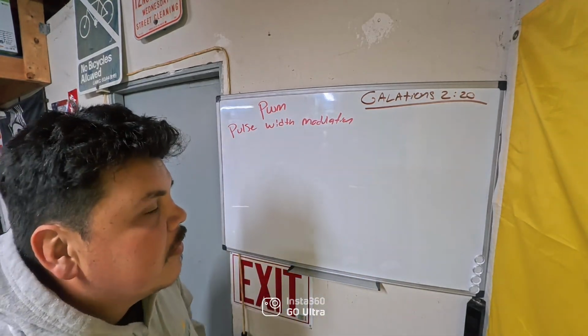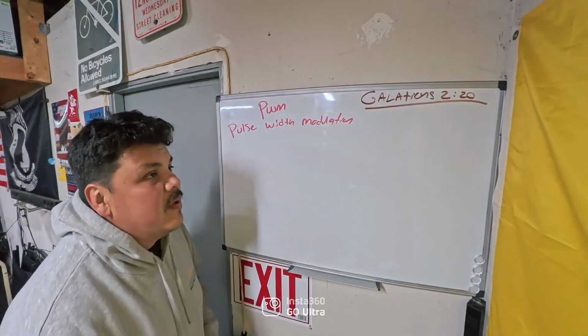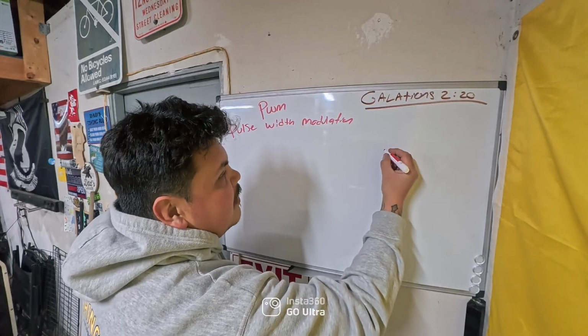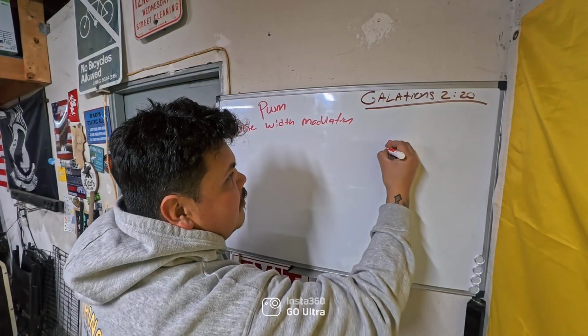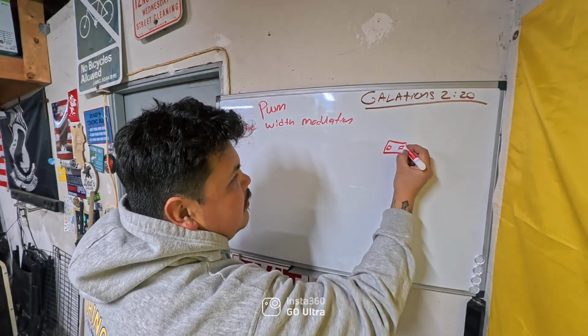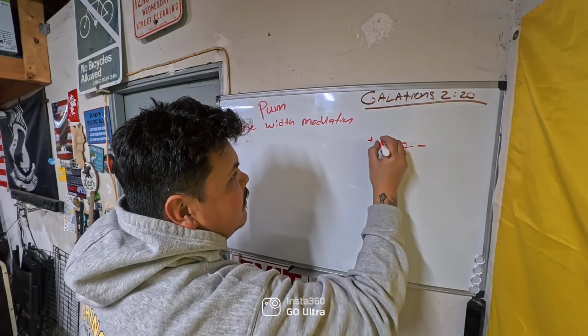And then for the cooling fan systems, most of the newer vehicles do have a PWM wire. So your cooling fan is usually going to be 3 pins. You have your negative, your positive.